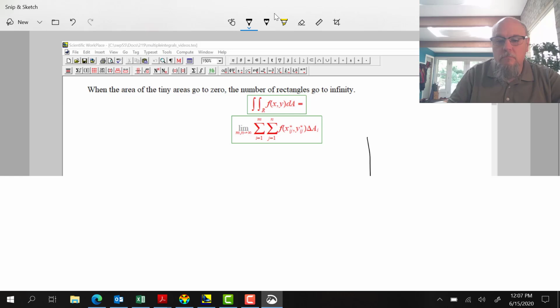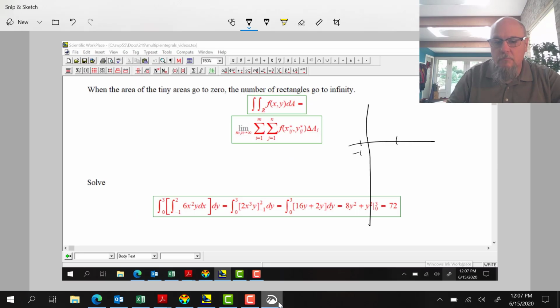So x was going from -1 to 2, and y was going from 0 to 3.